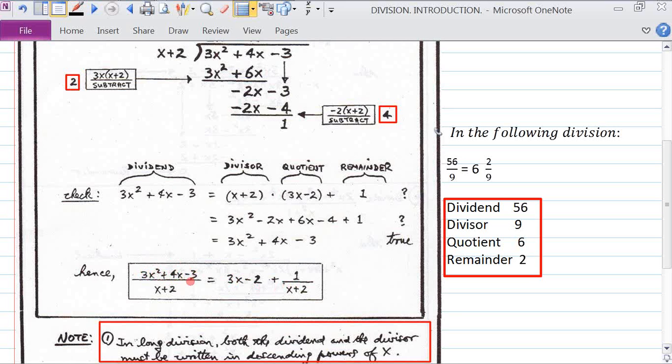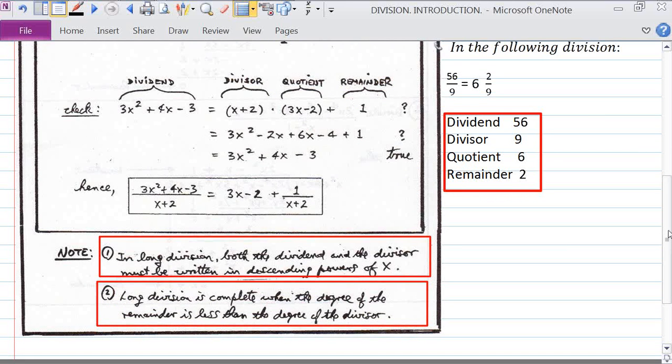We start with this, and we have to divide this into that. And so the quotient is this right here, and 1 is the remainder, although we express the remainder as 1 over x plus 2.